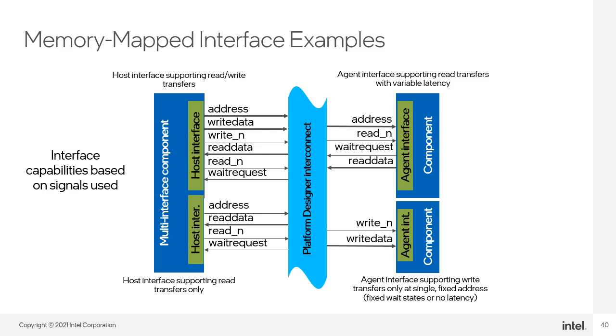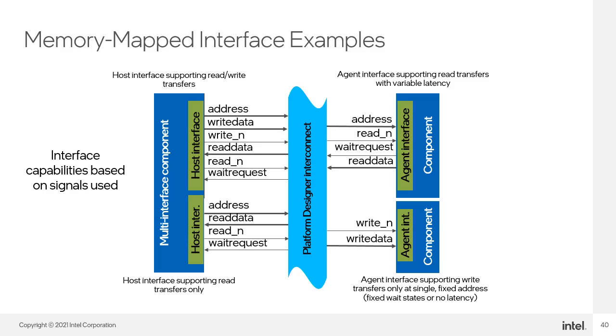So from this discussion, you can see that the functionality of a memory-mapped interface really relies on the signals implemented. When you're creating your own custom components, you only need to include the signals needed to achieve the desired functionality. You don't need to add dummy signals to follow the standard. The generated Platform Designer interconnect will handle signal mismatches for you automatically.